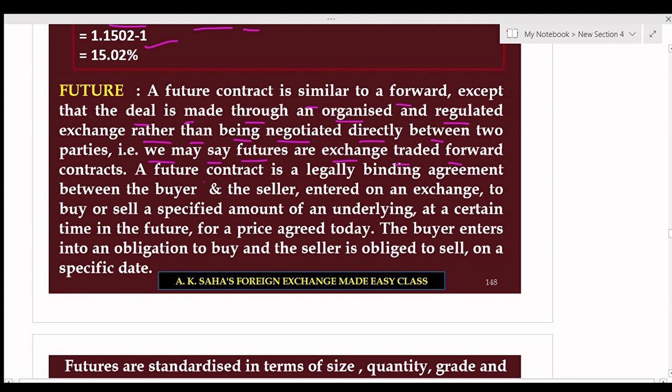A future contract is a legally binding agreement between the buyer and the seller, entered on an exchange, to buy or sell a specified amount of an underlying at a certain time in the future for a price agreed today. The buyer enters into an obligation to buy and the seller is obliged to sell on a specific date.